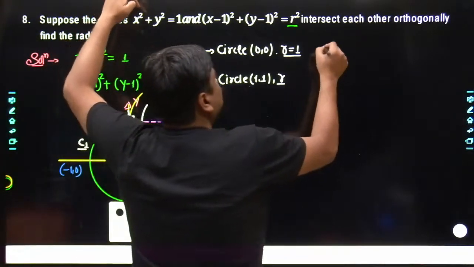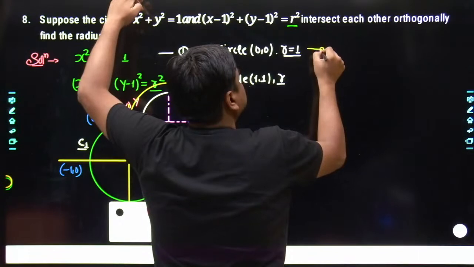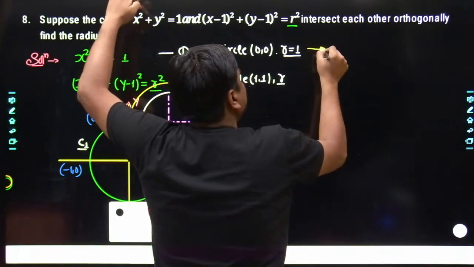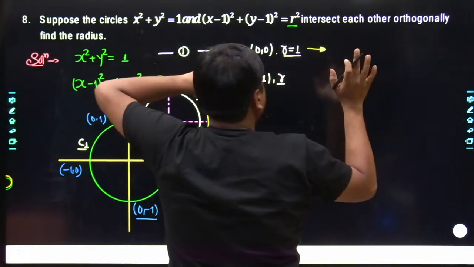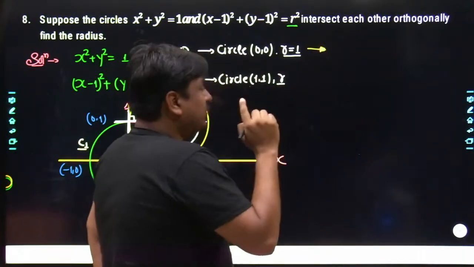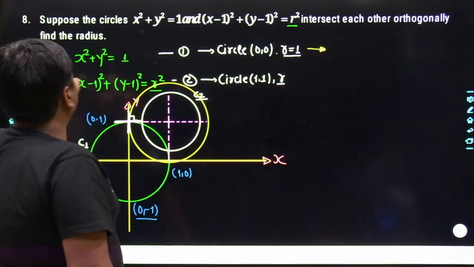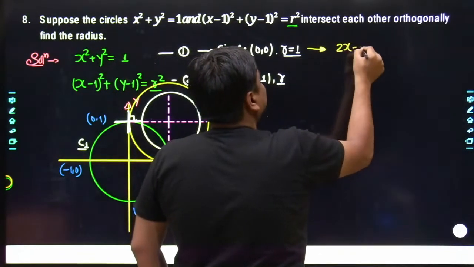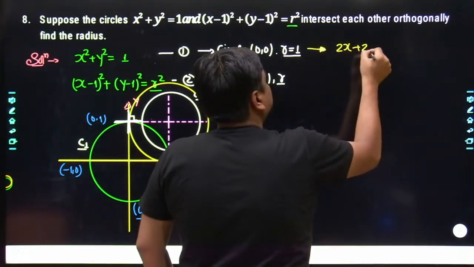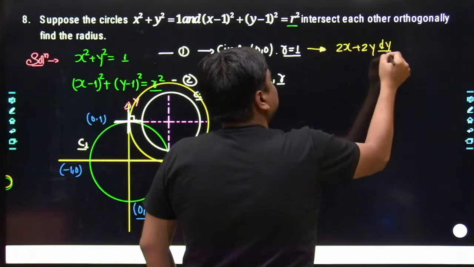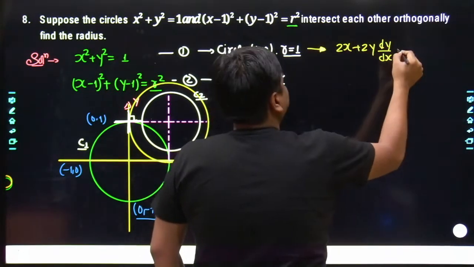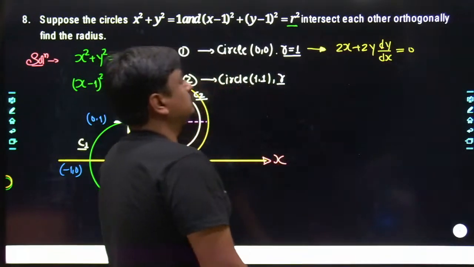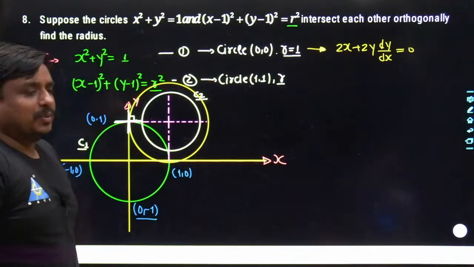See, let me focus on the first circle. The tangent over the first circle, how will I get it? Obviously by the value of dy by dx. So I would be taking differentiation on both sides. The result we get is simply 2x plus 2y dy by dx. The differentiation of 1 would simply become 0.